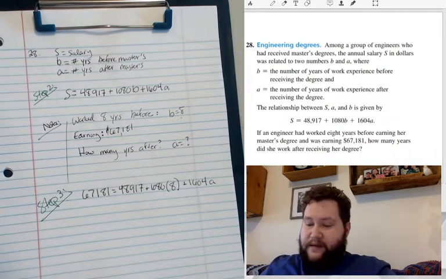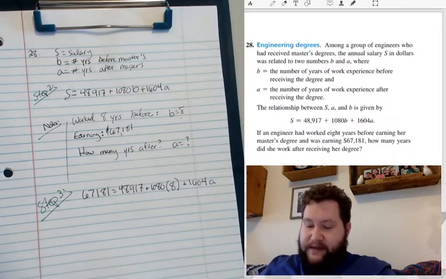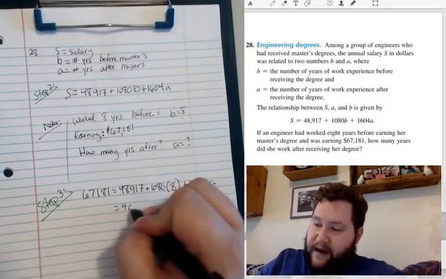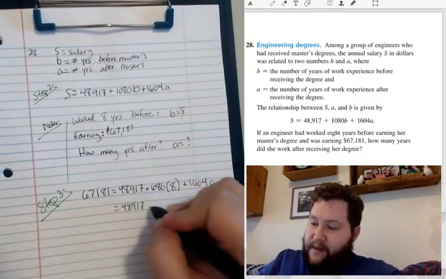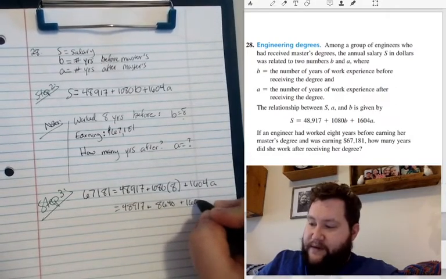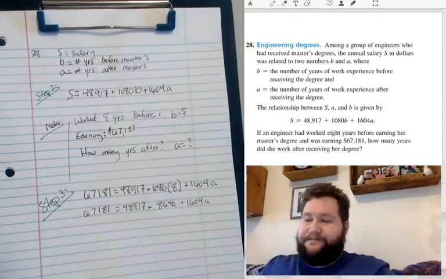So let's go ahead and simplify this right hand side first. So 1080 times 8 gives us 48917 plus 8640 plus 1604A, equals 67181.